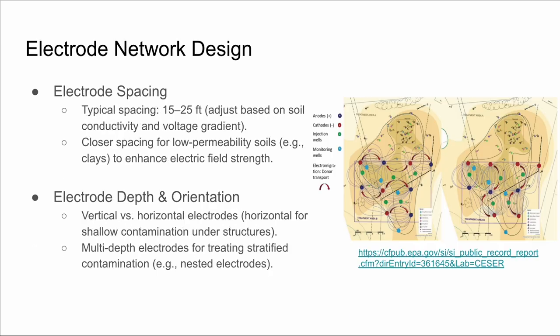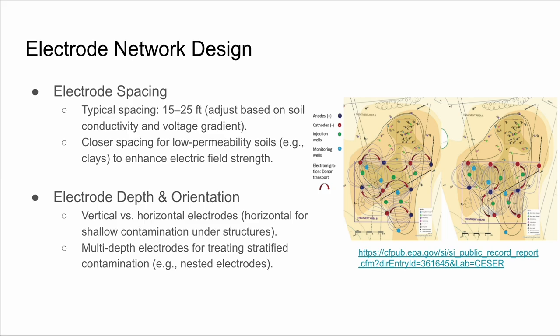And then we move on to electrode network design. Designing the electrode network is like planning a grid for electricity to flow through the soil. Our electrodes are typically spaced 15 to 25 feet apart, but in clay soil we place them closer, around 10 feet, to boost the electric field.